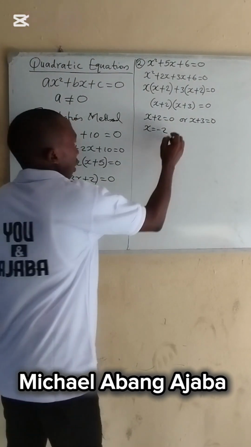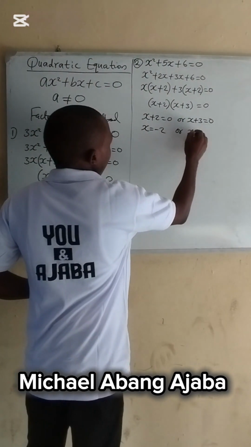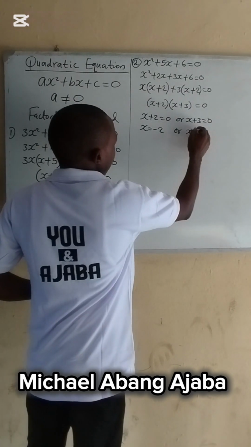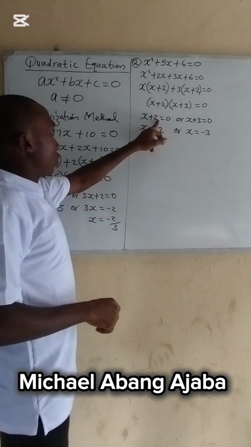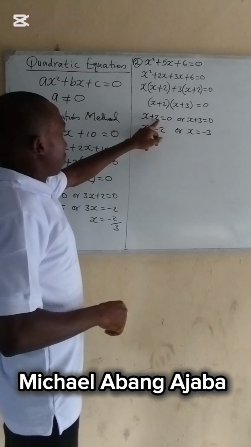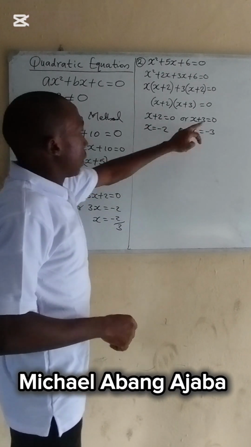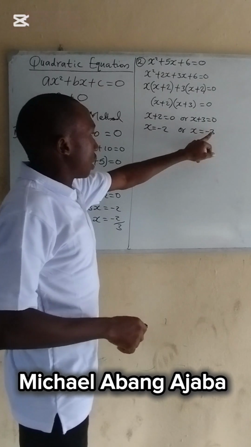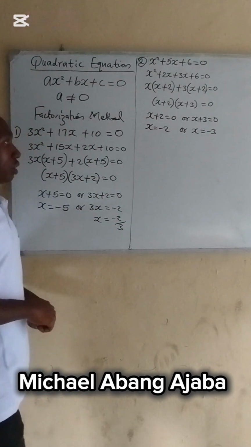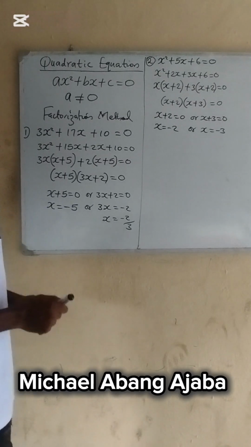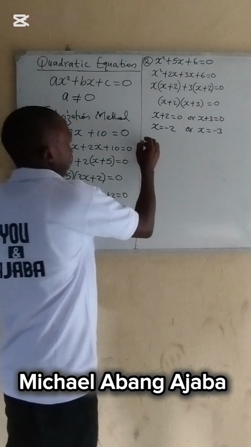So if you cross this to the right hand side, it will become minus 2. And here, if you cross this to the right hand side, you're going to have minus 3. But the right thing to say there is add minus 2 to both sides. If you add minus 2 here, you have minus 2. If you add minus 3 here, you have minus 3. So the roots of this equation are minus 2 and minus 3.